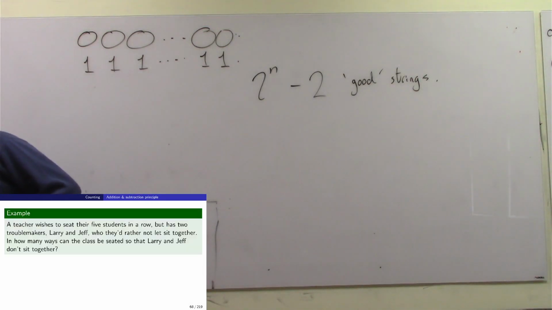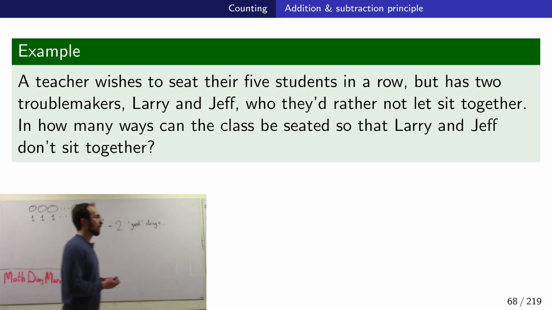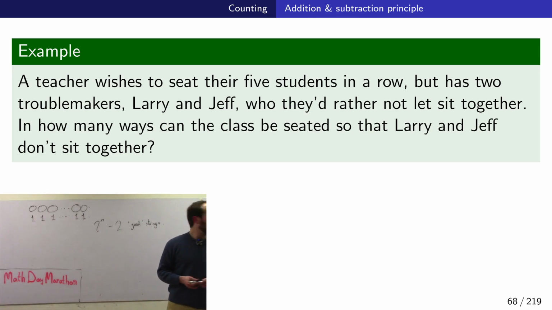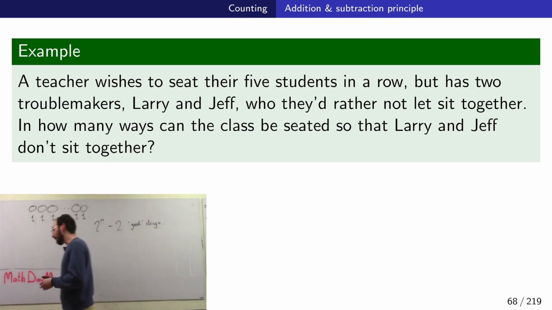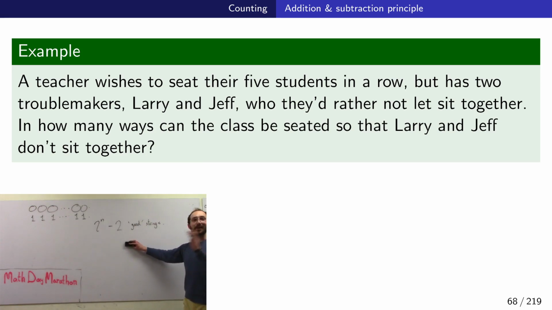Let's look at another basic example. A teacher's having a rough day. They are just trying to sit their 5 students down to watch, I don't know, TV. They had a rough night too.